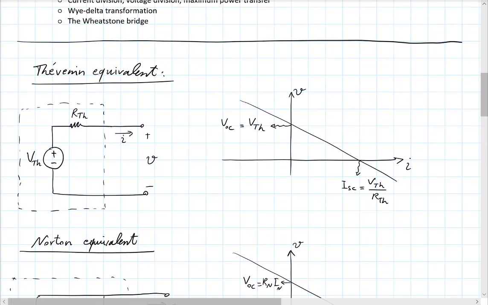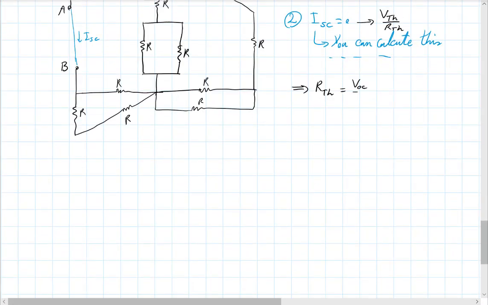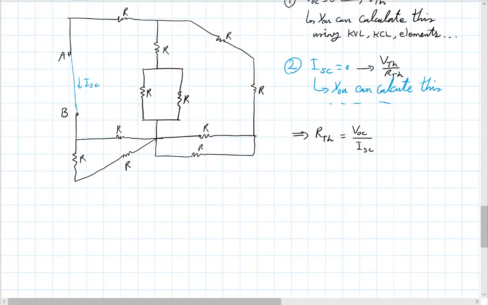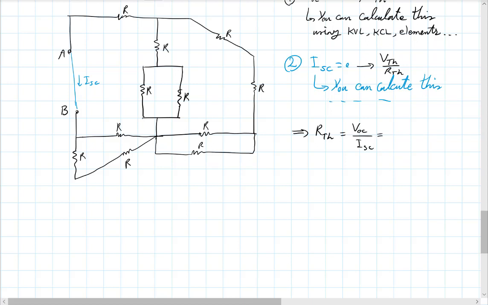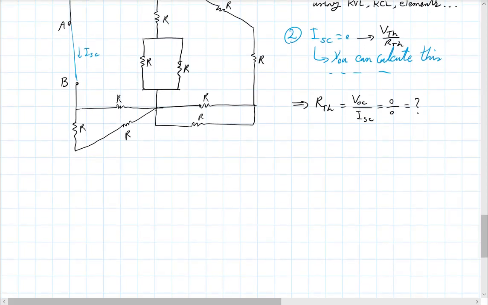The short circuit current is the Thévenin voltage divided by Thévenin resistance. Right? Now, this is 0 by 0, which is what? It can be anything, right? So we have to find something else.